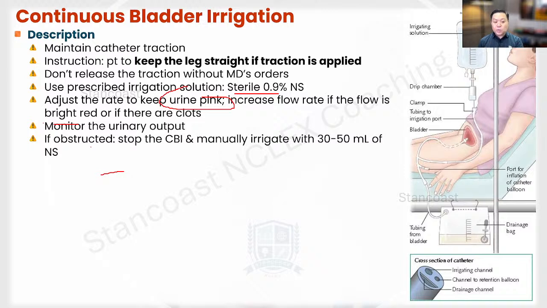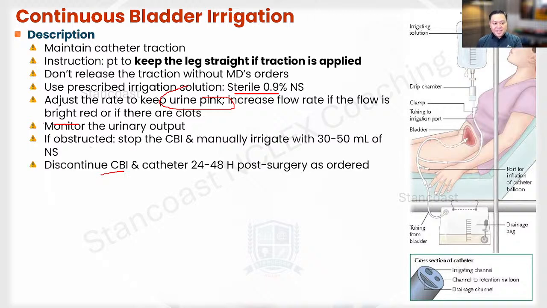However, if you're not going to see any resolution after you have tried to manage the blockage, then you definitely need to notify the surgeon, okay? That is your call. Do not reinstate the irrigation if there is no outflow, okay? You've got to notify the surgeon for that.